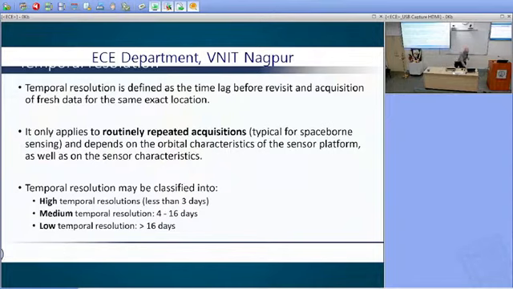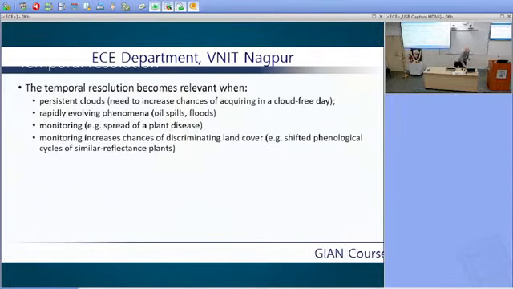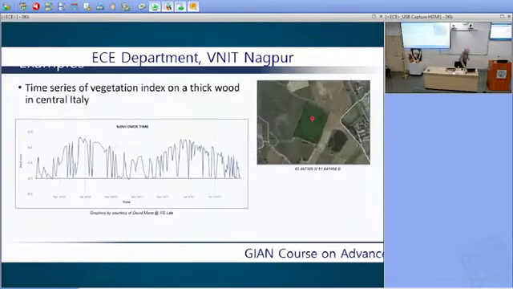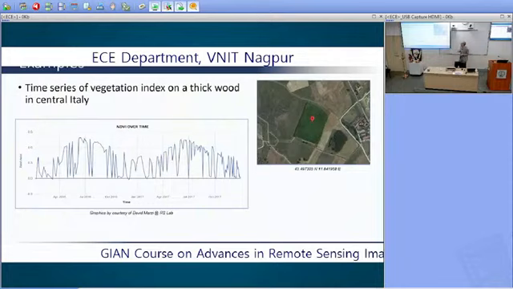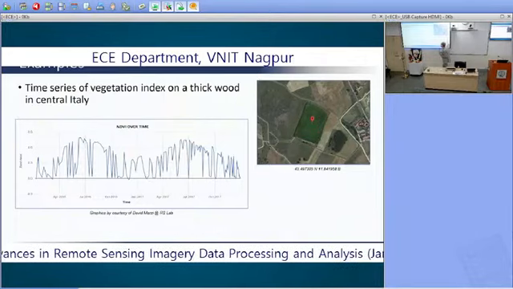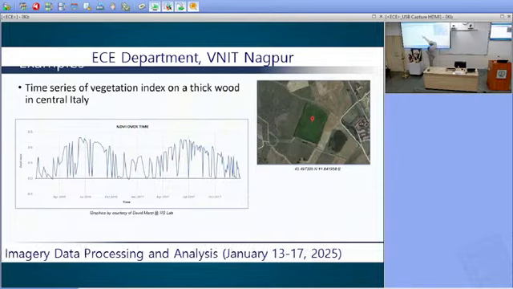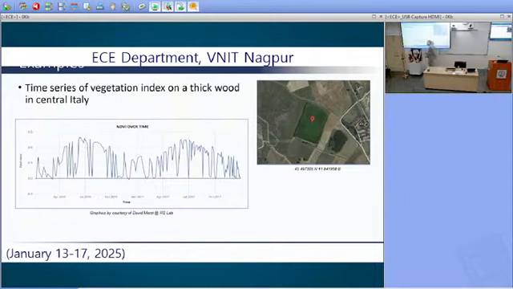And this is typically an important factor in agricultural remote sensing, because you want to see... This is an example from a student of mine who worked on the topic some time ago.